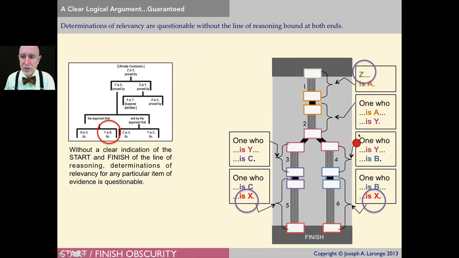While in the logic bridge, it's always obvious because the structure of each premise is regimented in a way that always links one to the next, there's never a question of relevancy as long as it falls within the line, or as an assumption, which we can talk about later.